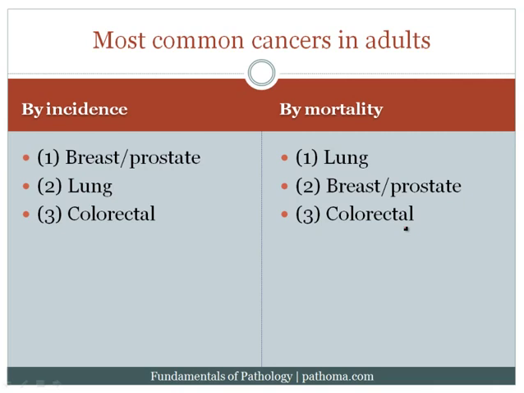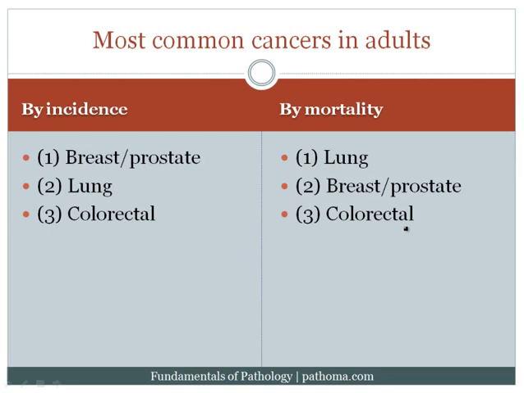But what I want to highlight here is that notice that lung is actually jumping up to number one as a cause of mortality. And this brings us to a point that's important to understand, and that is one of the greatest mechanisms by which we can actually handle cancer is early detection. If we can detect cancer early and remove it from the patient before it really can wreak havoc in that patient, that is one of the greatest ways by which we can serve our patients.